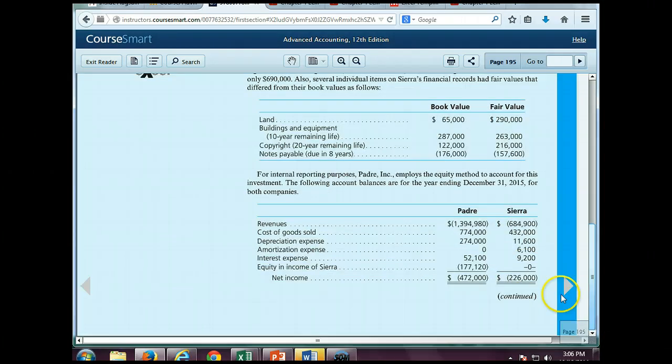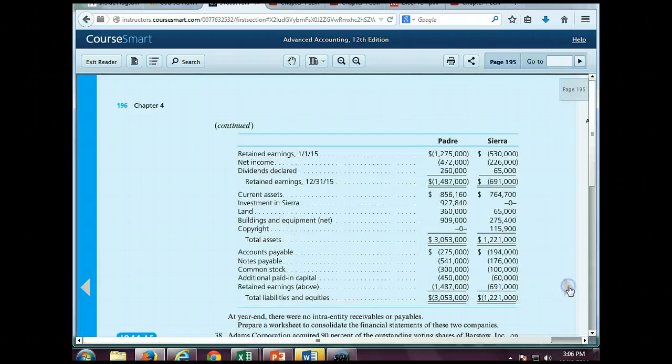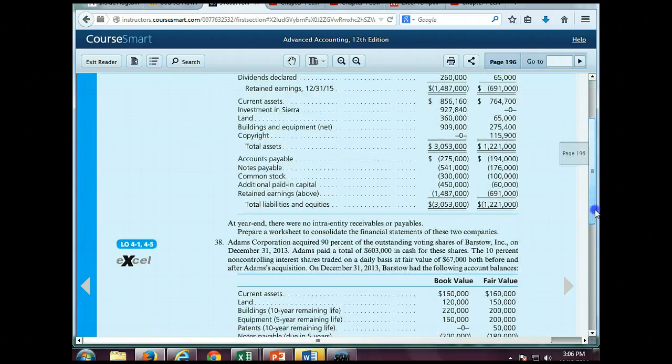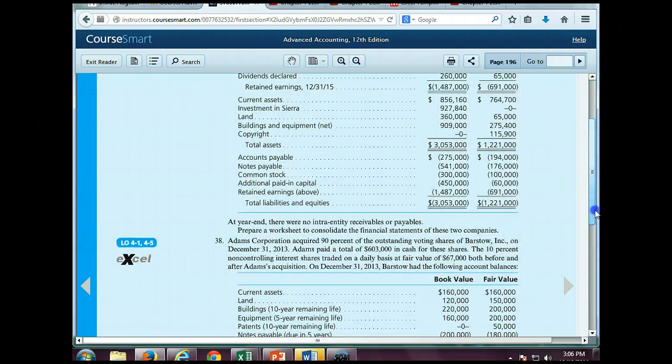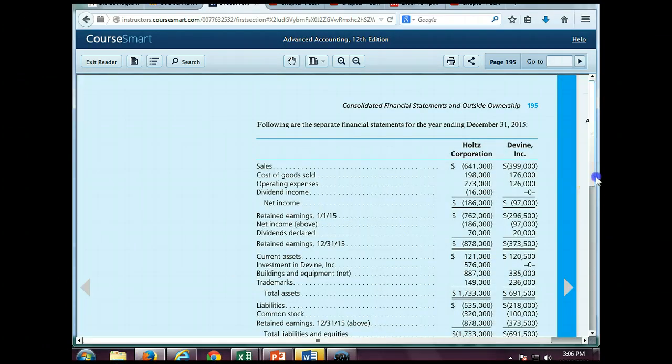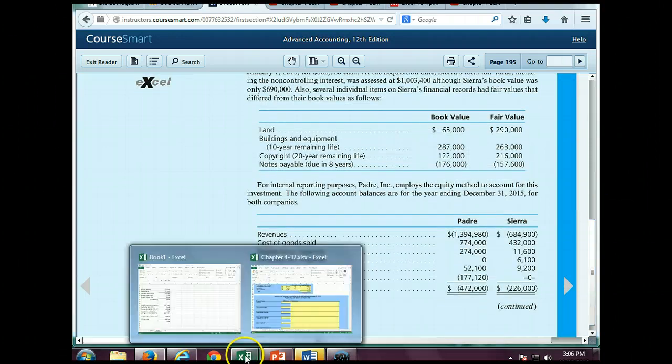So it gives us our revenues, our cost of goods, our depreciation, our amortization, our interest, and we've got an equity income in Sierra, and then our various balance sheet. At year end, there are no intra-entity receivables or payables because we would have to get rid of that otherwise. Prepare a worksheet to consolidate the financial statements for these two companies. So let's go back here, and let's look at what we'll need to focus on.